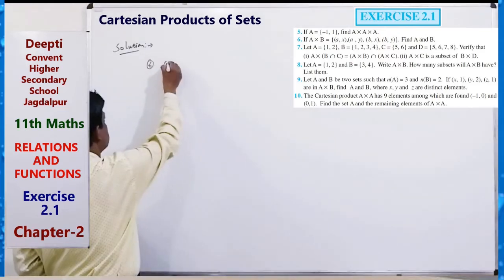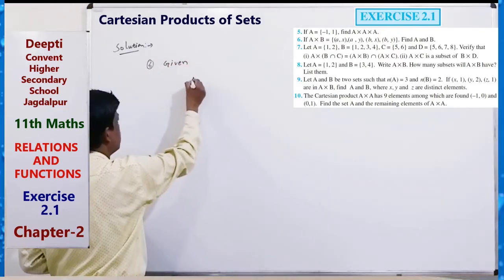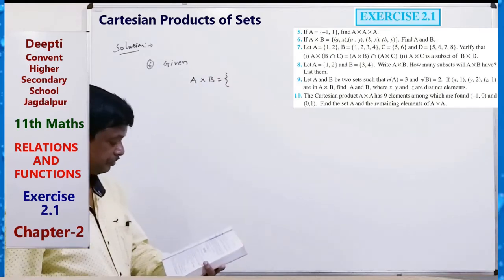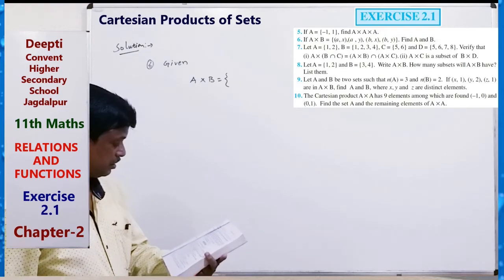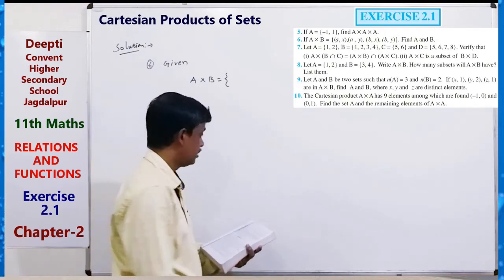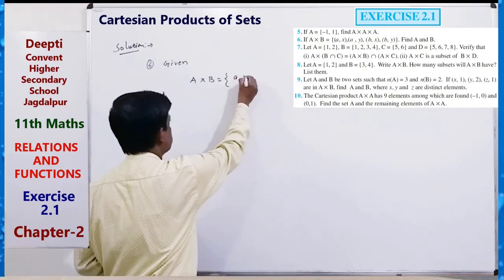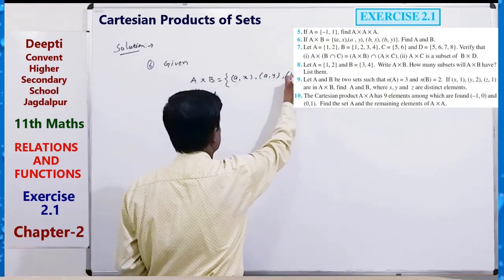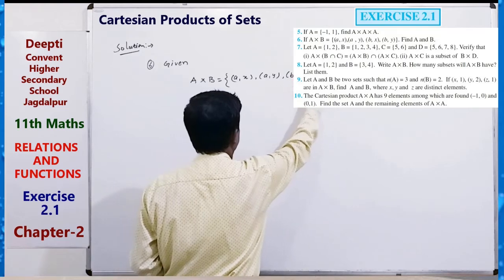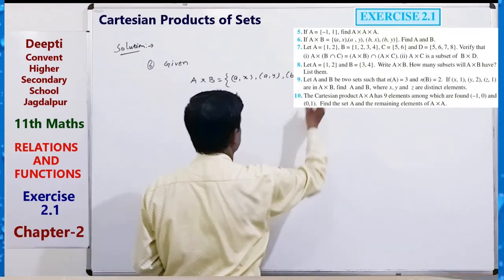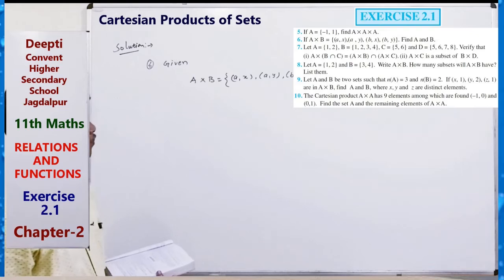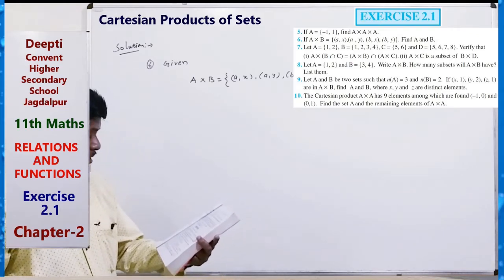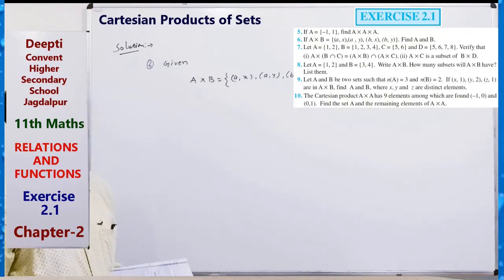Given A cross B equals {(a, x), (a, y), (b, x), (b, y)}. Find A and B. We have to find A and B.